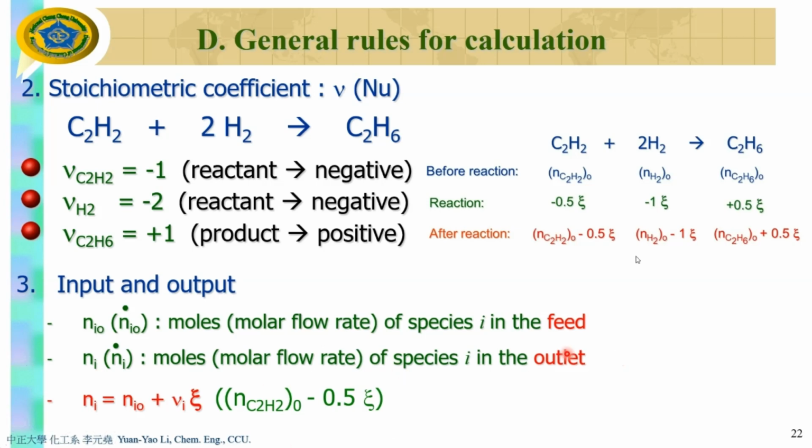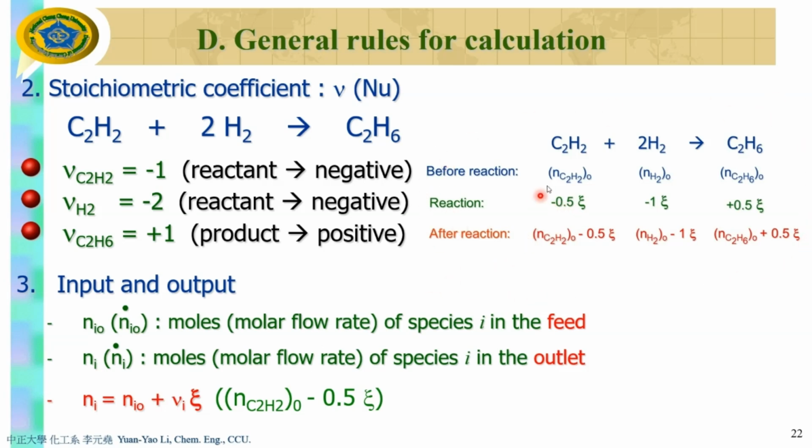So as a result, all the chemicals have input and output. So the output is equal to input plus nu times xi. Right? Output equal to input plus nu times xi. And here I just want to give you an example from the previous slide.